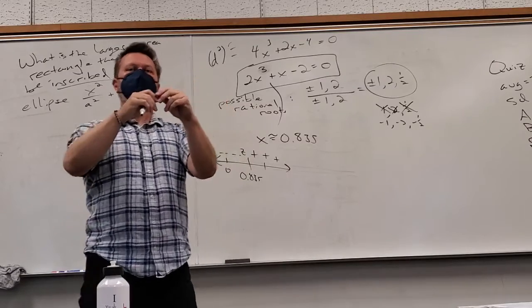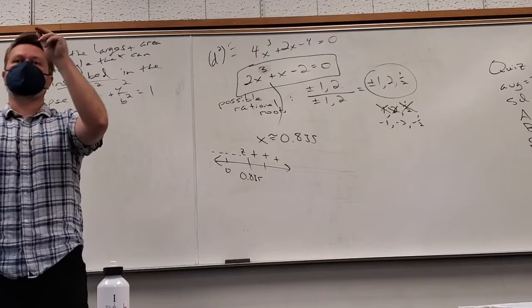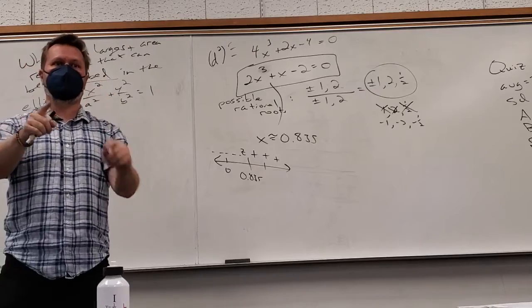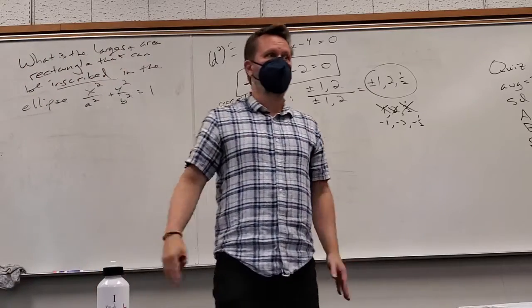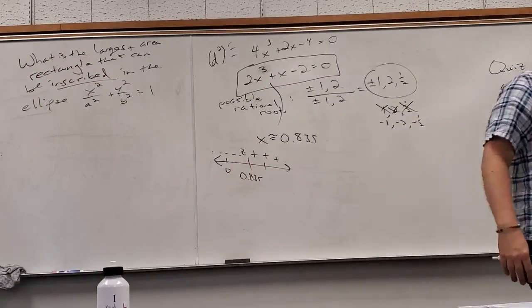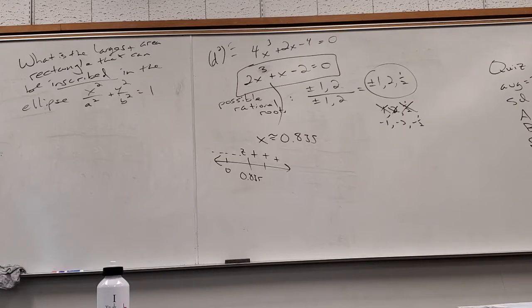Now, give me two positive numbers that subtract to be 4. 8 and 4. 5 and 1. 106 and 102. Is that contained, or can that go crazy? I really want this to make sense. Why is an ellipse closed? Because of what we just said.